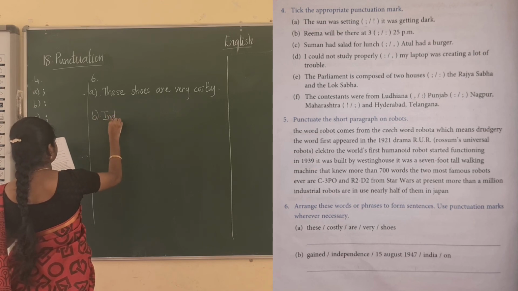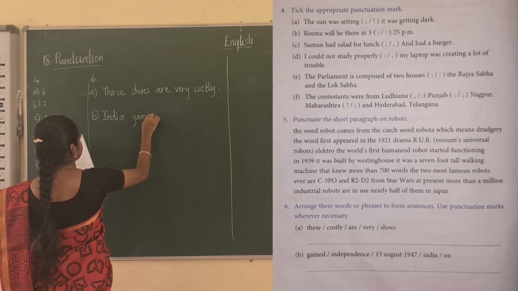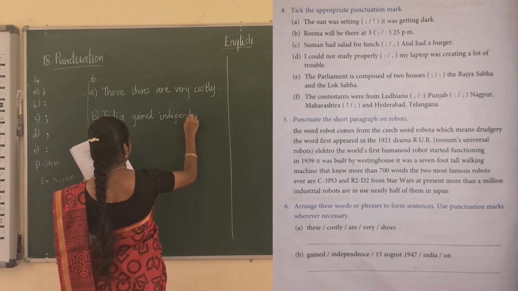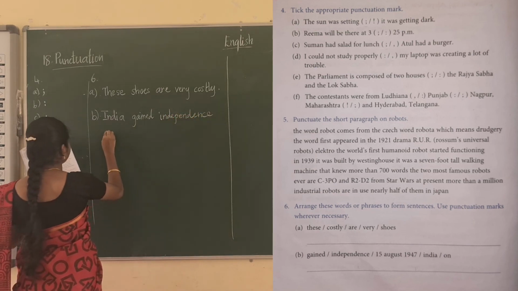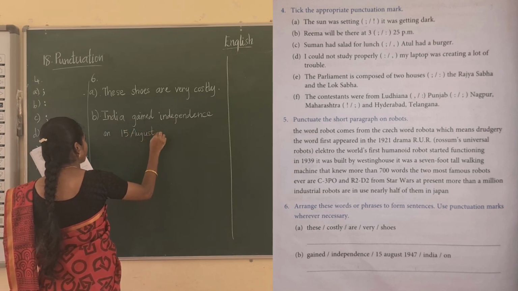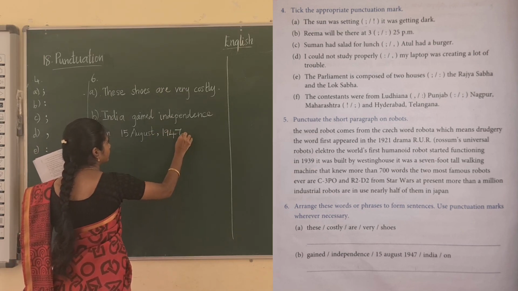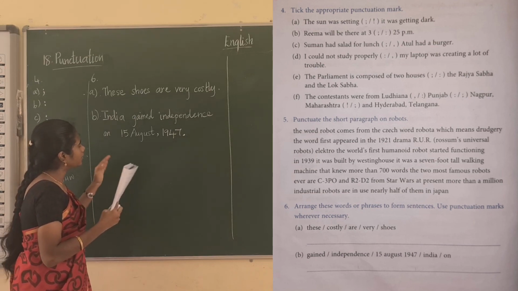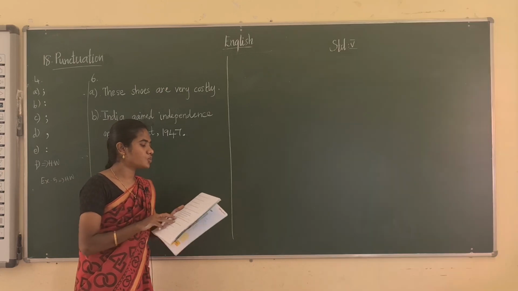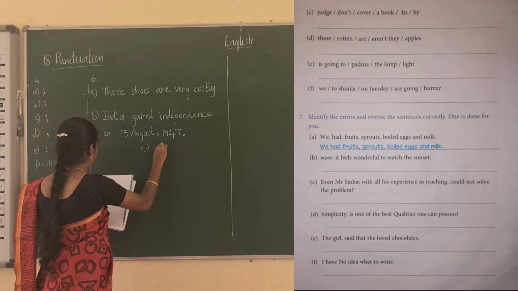India gained independence on 15th August, put a comma, 1947, full stop. India gained independence on 15th August, comma, 1947. And you have to do C, D, E, F for the homework. It is very easy to do. You can do this.